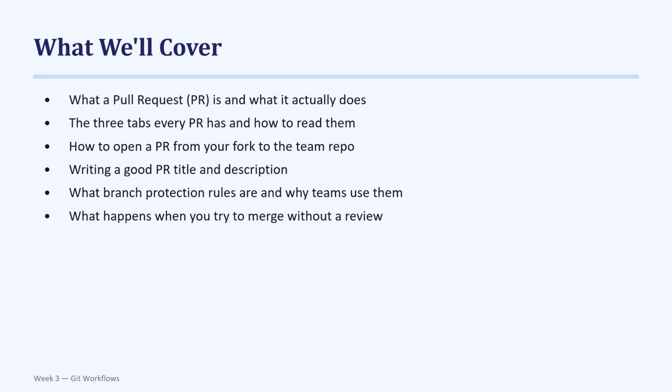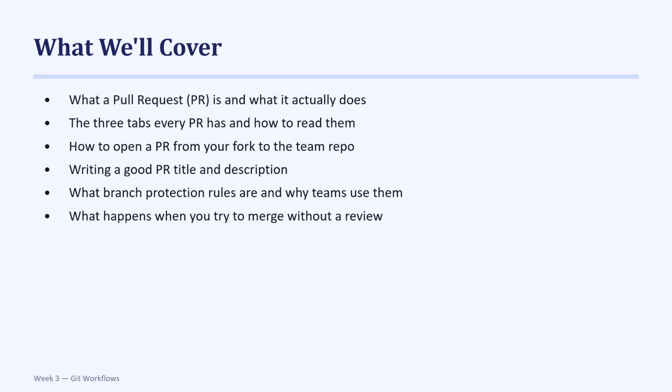So we're going to talk about what is a pull request. I've used this term several times, and if you're not familiar with it, we're going to look at that and what it actually does. We're going to look at the anatomy of a pull request, how to open one from your fork and merge it into your team's or organizational repo.